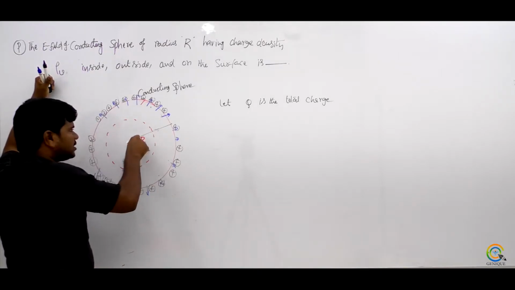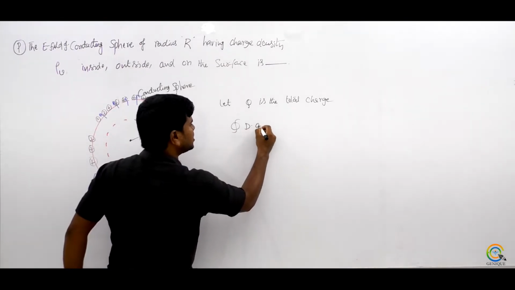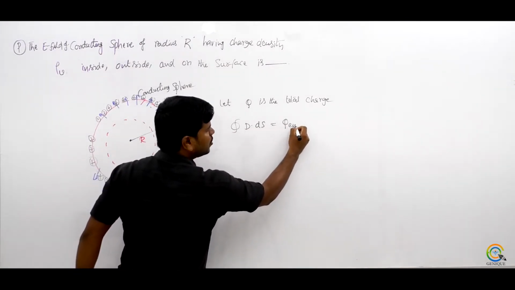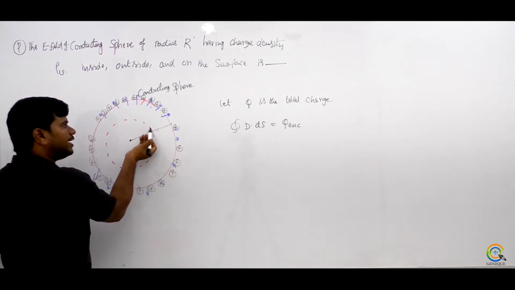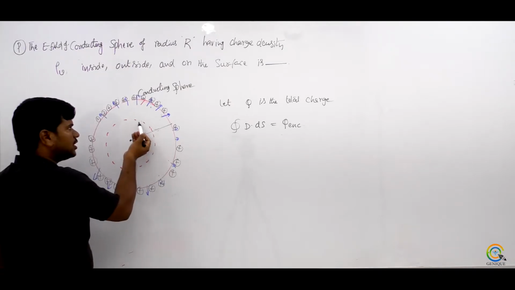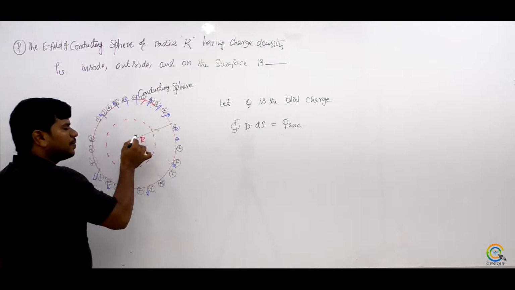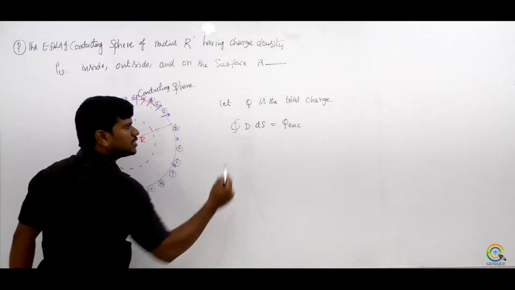This is the Gaussian surface. The closed integral of D dot dS equals Q enclosed. I want to find the electric field intensity on this surface, so this is called the Gaussian surface. Within this Gaussian surface, the total flux coming out of the surface equals the total charge enclosed in the volume.